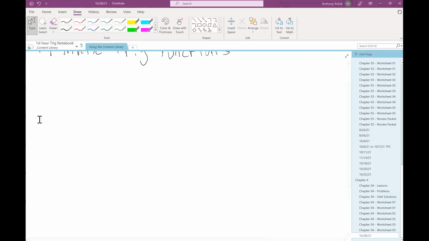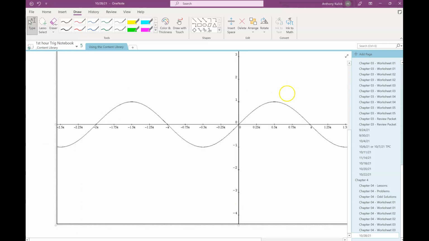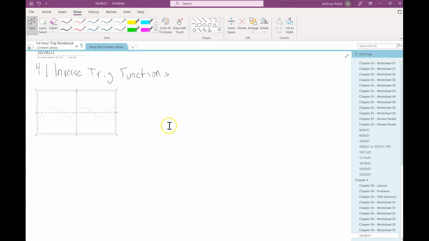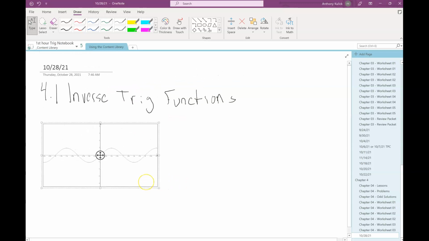So if we go back and we remember, say for example, the graph of sine looks like this, right? And we remember back in chapter 1 when we talked about finding inverses, one way we can do that is just by swapping the x and y coordinates for all the points.